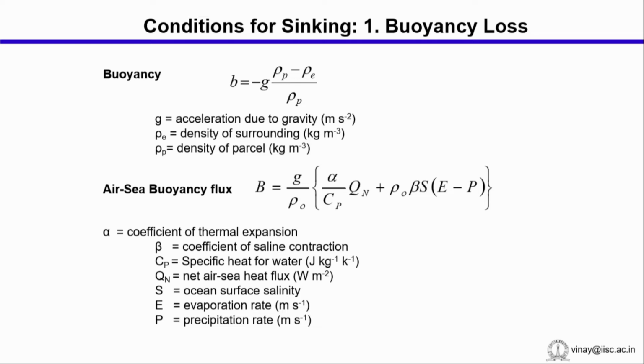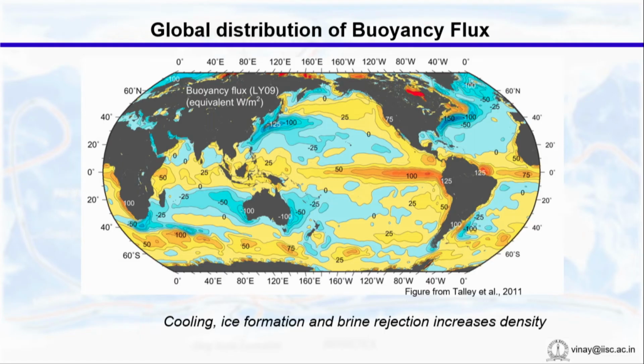The net effect of heat flux and freshwater flux decides whether the density of a parcel of water can increase or decrease. So, for sinking to happen, there should be loss of heat which would make a water parcel dense. And this process in fact happens in higher latitudes.